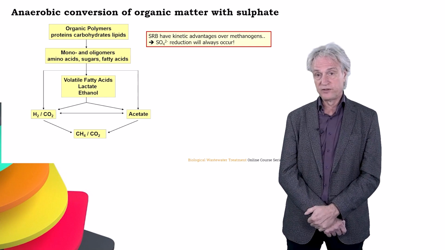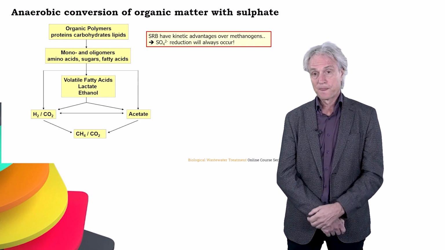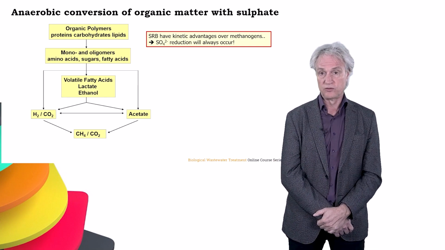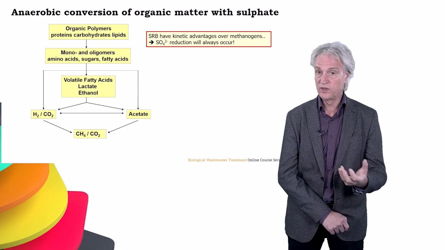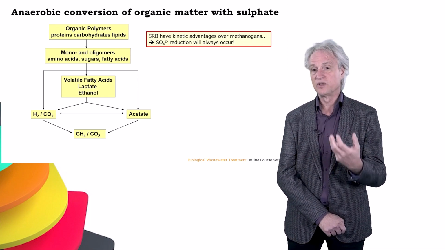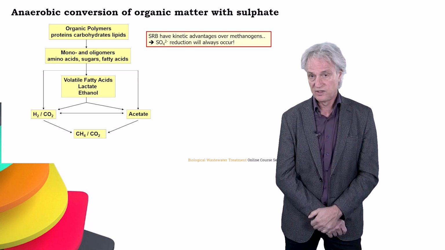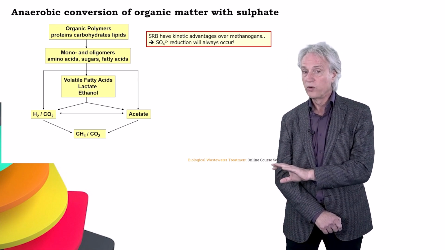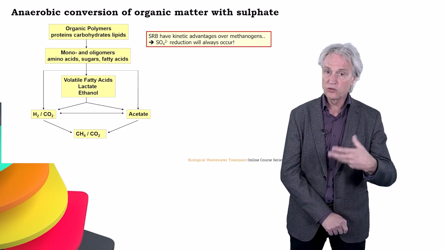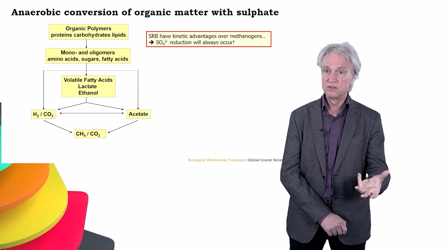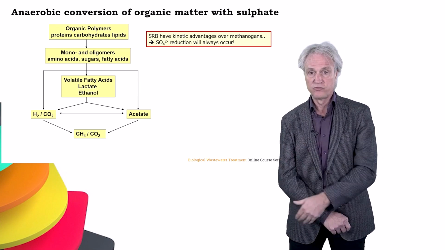If sulfate is present, then that sulfate will also be reduced. Now from literature we know that the sulfate reducing bacteria have a kinetic advantage over methanogens. And that means sulfate reduction will always occur. As soon as sulfate enters an anaerobic reactor, it will be reduced to sulfide.